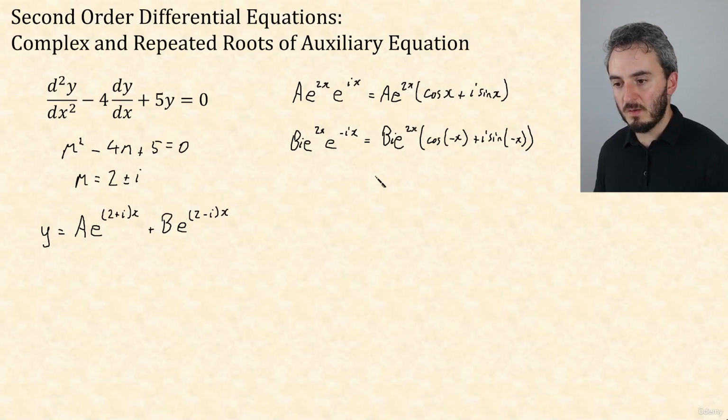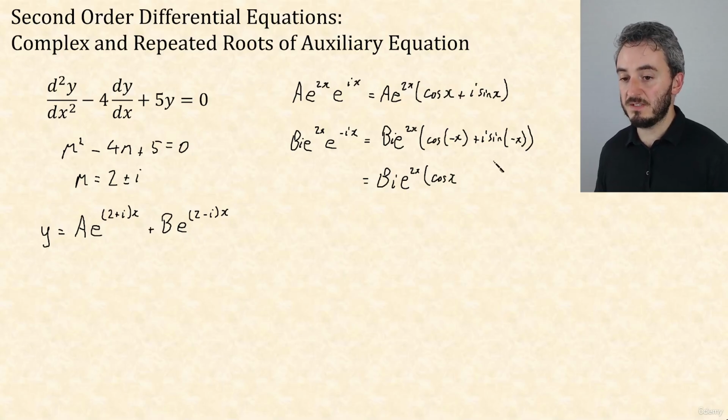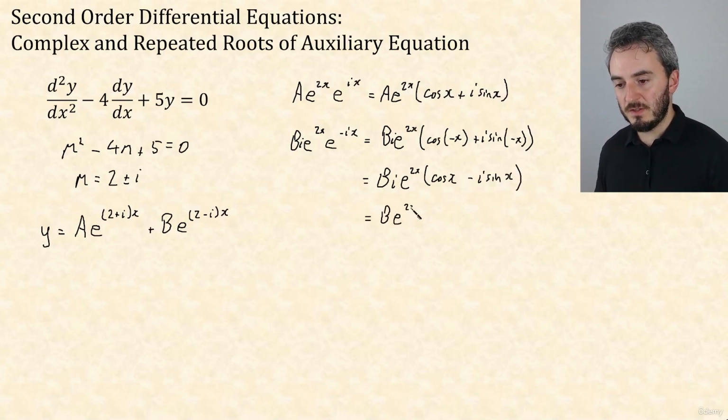So what happens there? Well, if I expand this out, what do we get? Let's just deal with inside the bracket first. I've got bi e to the 2x. Now, cos minus x is just cos x, and sine of minus x is minus sine x, so minus i sine x. Now let's multiply that i inside the bracket, and we get b e to the 2x, and we get i cos x. i times i is minus 1, cancels with the minus there, plus sine x.